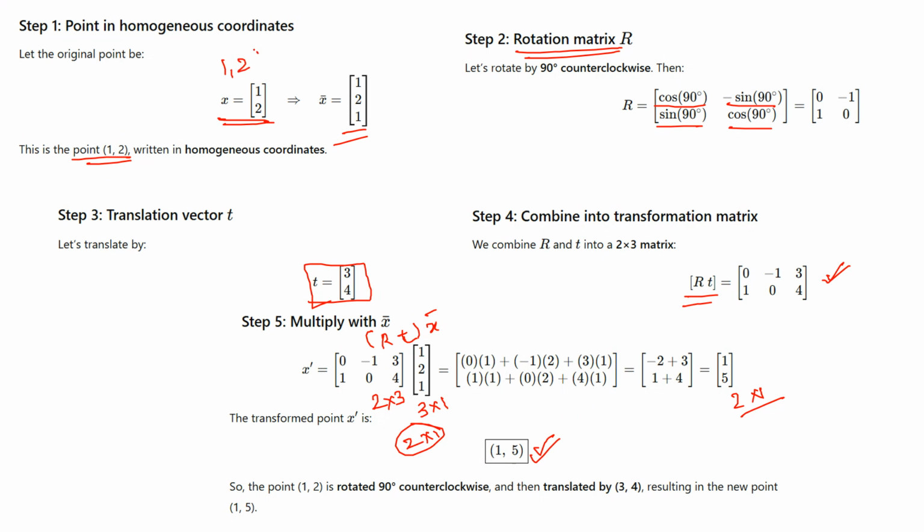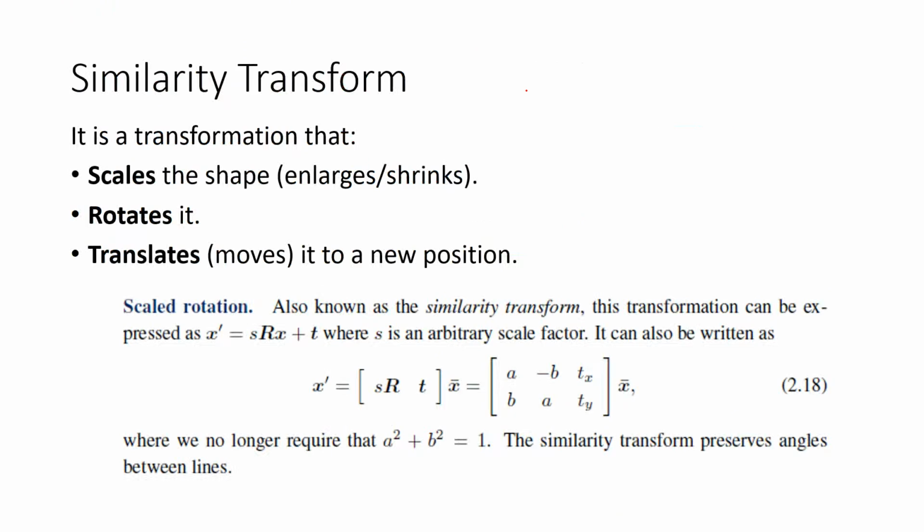The original point 1 and 2, now it is rotated 90 degree clockwise and translated by 3 comma 4, which results in the point 1 comma 5. So 1 comma 2 can be translated as well as rotated using the equation x dash equal to [R T] of x bar. At a time we can perform translation as well as rotation.